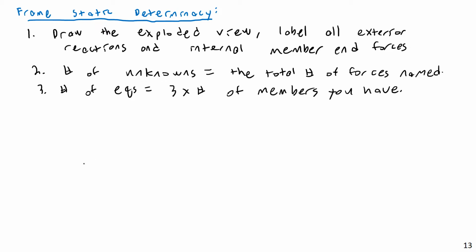So for example, let's look at something that's definitely not going to be statically determinate right off the bat. Let's say I have an entirely fixed frame. If my pen can quit jumping around too much.